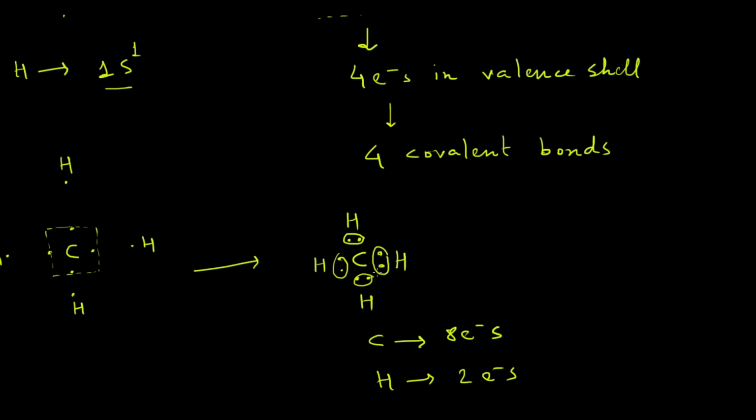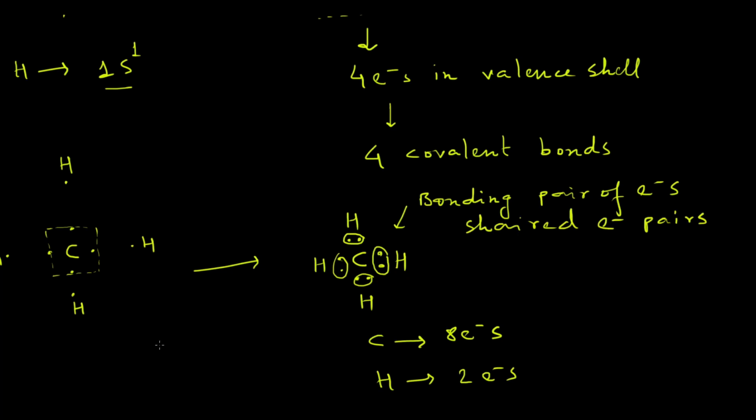Since these pairs of electrons are involved in the covalent bond formation, they are called bonding pairs of electrons. Also, they are shared between the two atoms, and that's why they are also called shared electron pairs. According to Pauli's exclusion principle, when two electrons come to a common place, in this case the place between carbon and hydrogen, they must possess at least one quantum number different.